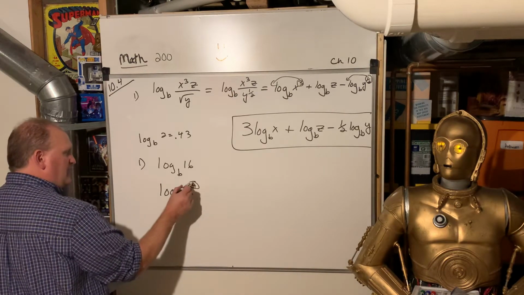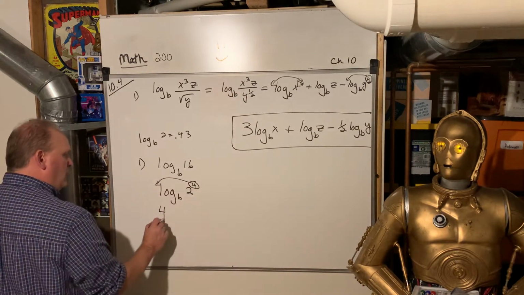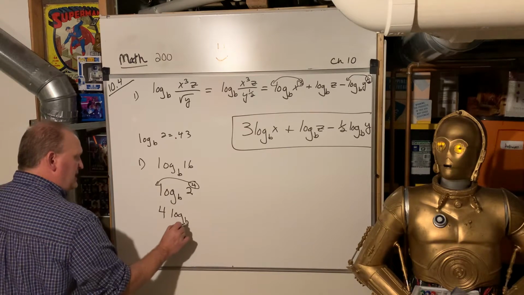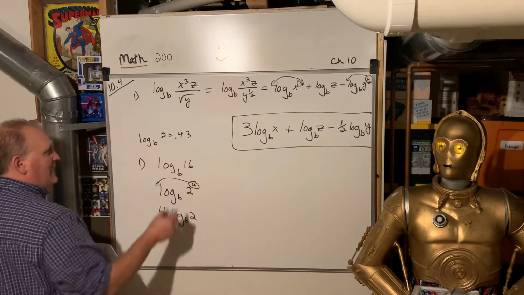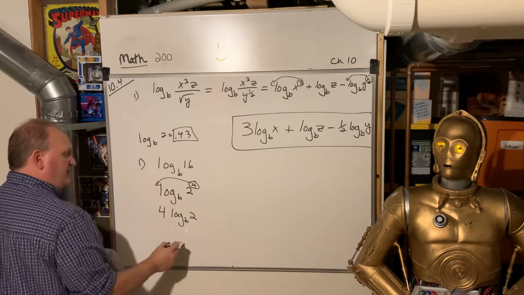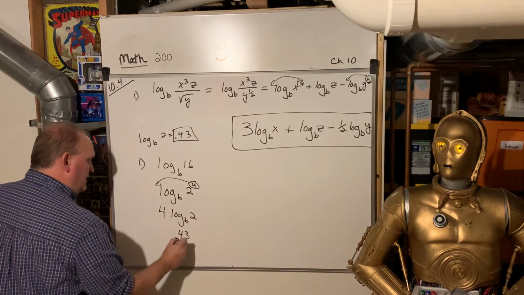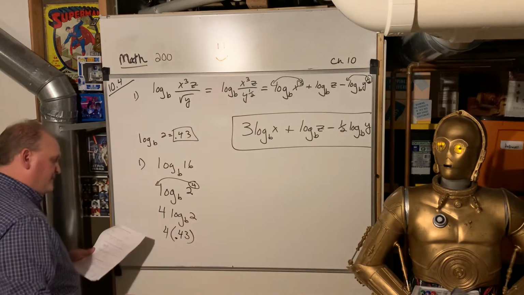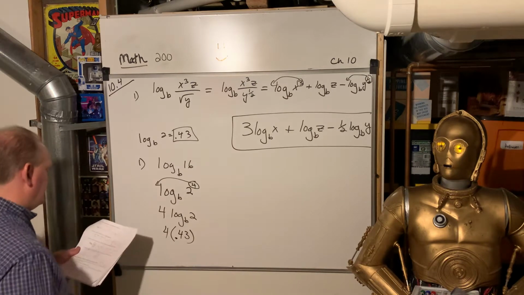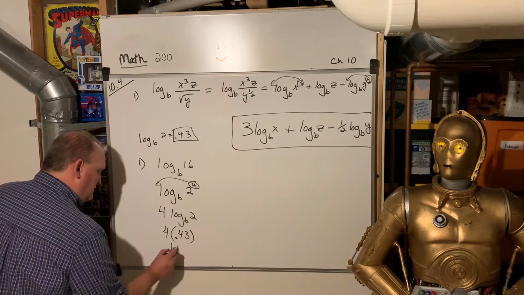And then I could say, come on down, so I got 4 log base b of 2. But now I know log base b of 2 is 0.43, so I can replace that with 0.43 times 4. And 86 cents doubled is $1.72.